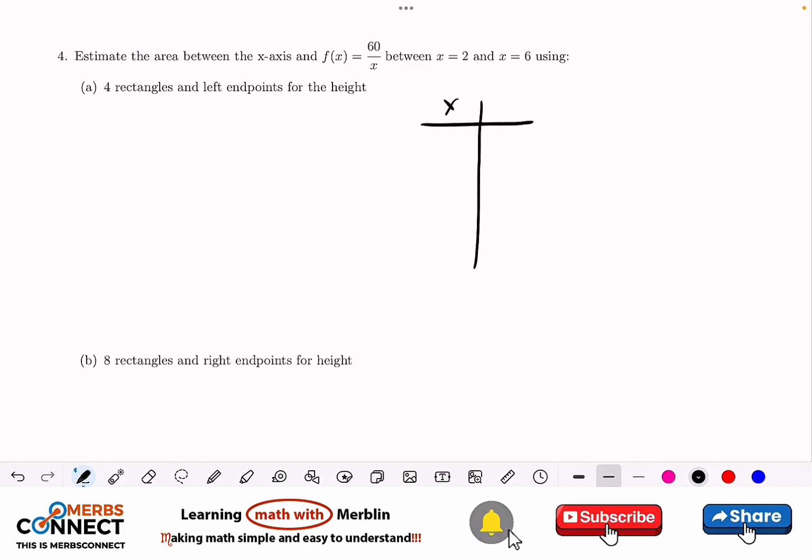So I have my x here, and then I have my f of x here. So x is 2, x is 6. f of 2, when I plug in 2 here, is going to give me 30. And then when I plug in 6, I'm going to have 10, I think. Yes. Right. So let's try and sketch. Always we need to sketch.